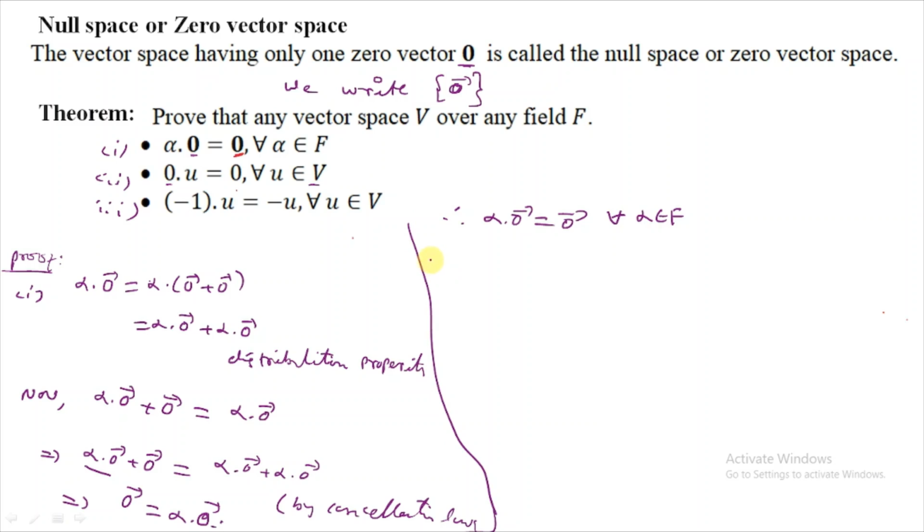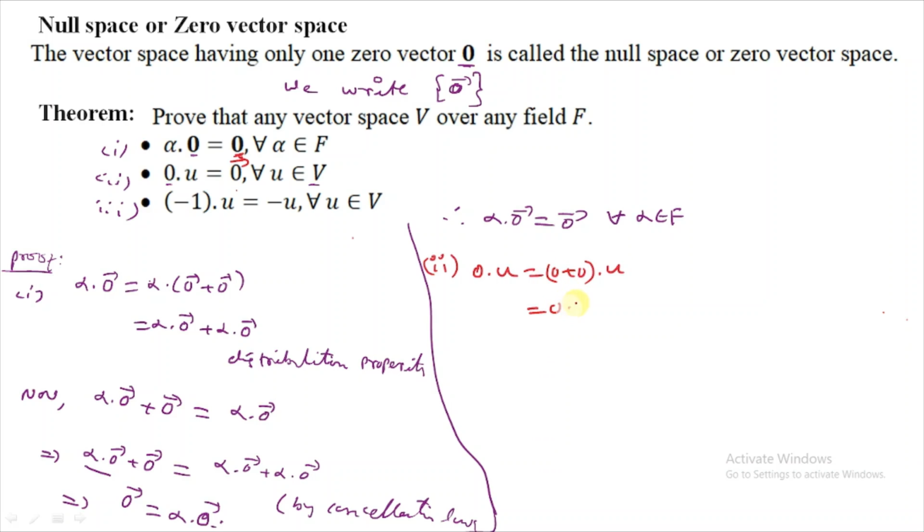Now the second one: 0 dot u equals 0 vector for all u belongs to V. Take 0 dot u. This equals (0 plus 0) dot u.